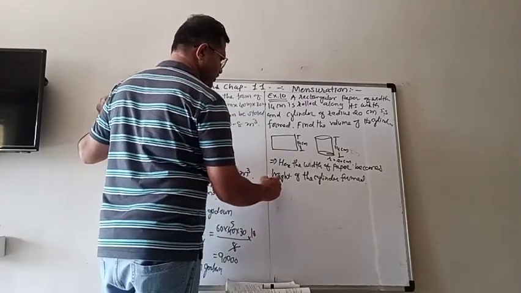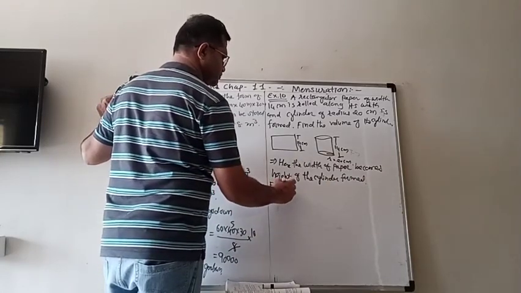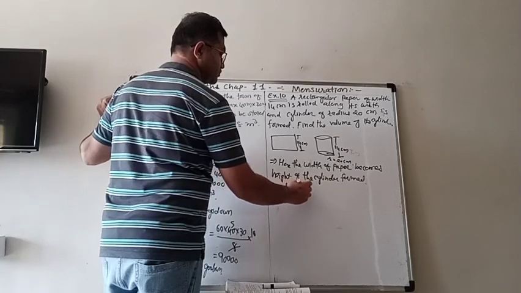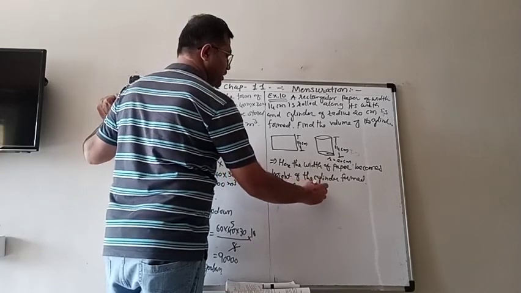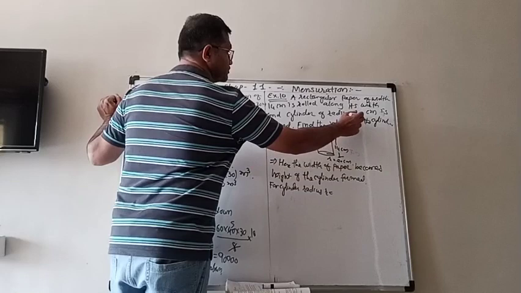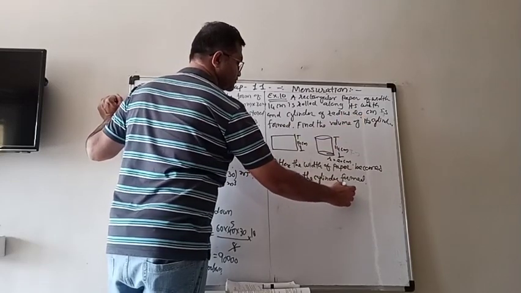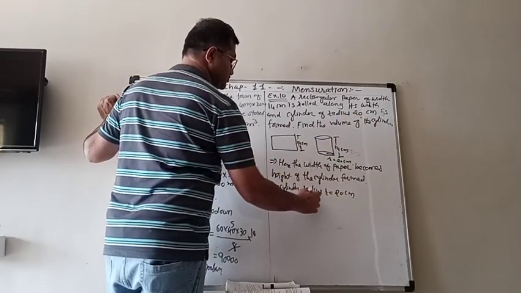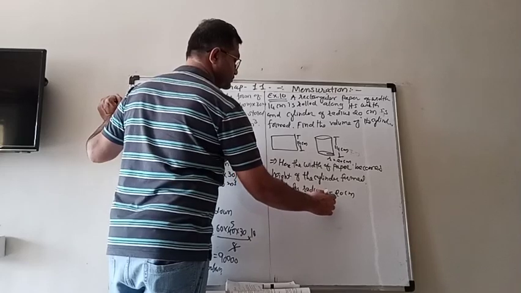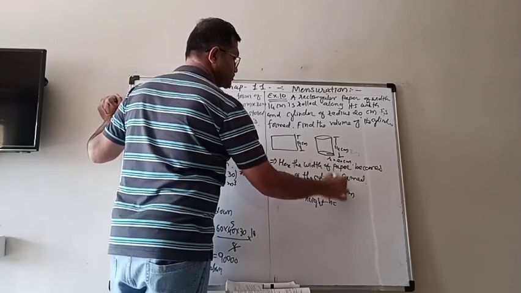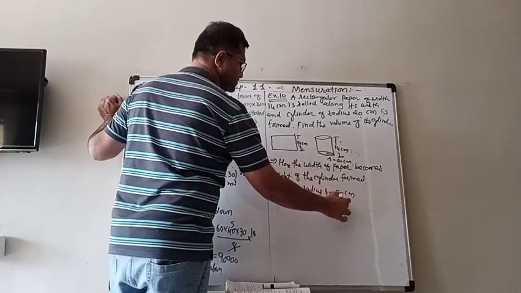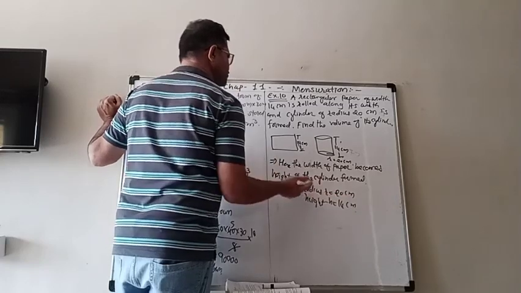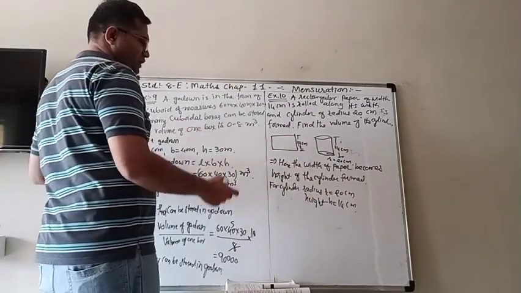So now for cylinder, radius is given how much? 20 centimeter. We saw that height is 14 centimeter. So now find the volume.